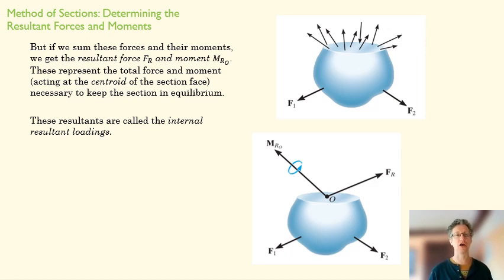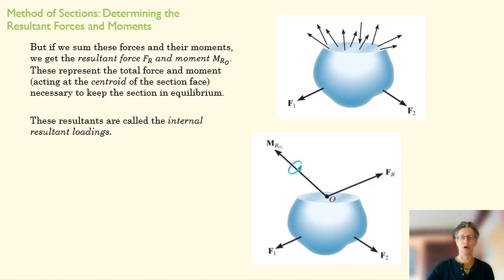So these are what are called our internal resultant loadings. And you can see the image on the bottom right here. We've reduced all of those various individual forces to a moment, MR, and to a force, FR. And those are acting at the centroid of our section. So that's the geometrical center of our section here.